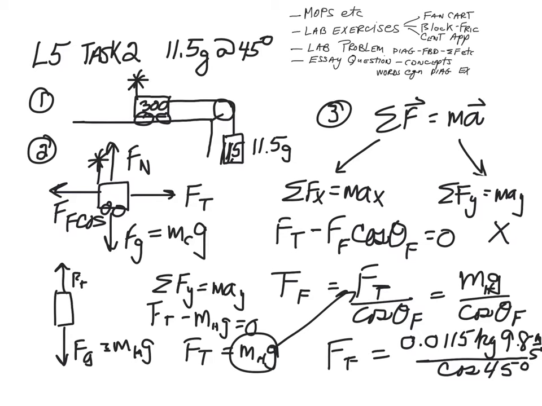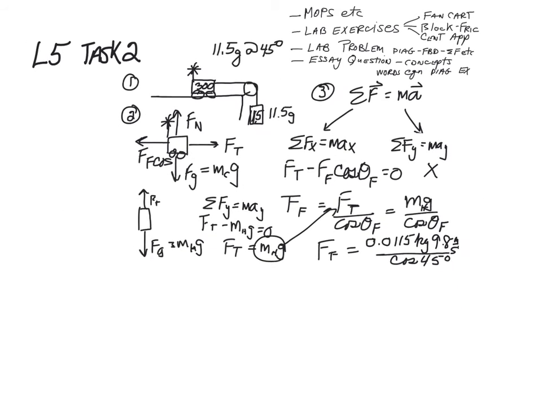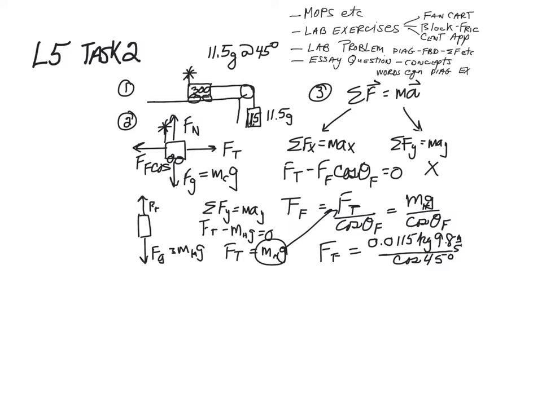And so when you finish that calculation, you end up getting that the fan force is 0.15940 or continuing more digits, and that's kilogram meters per second squared, or newtons, but of course that's too many digits.